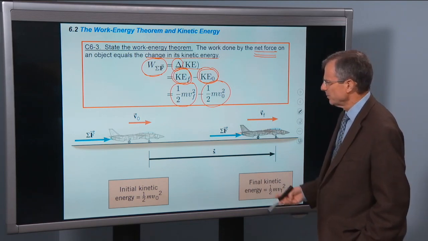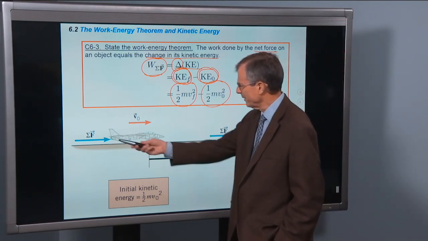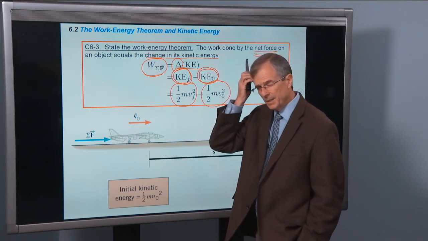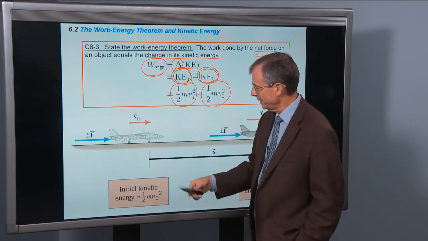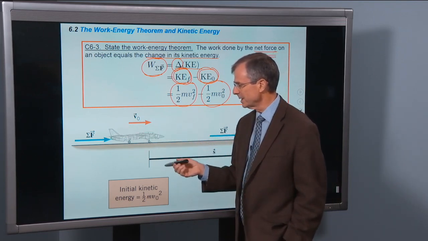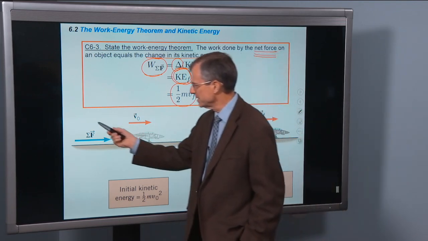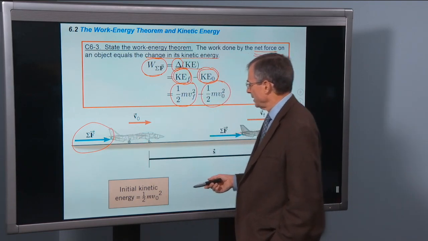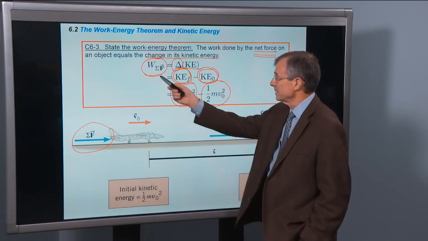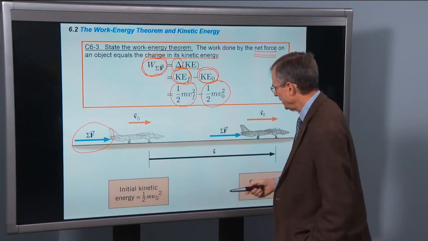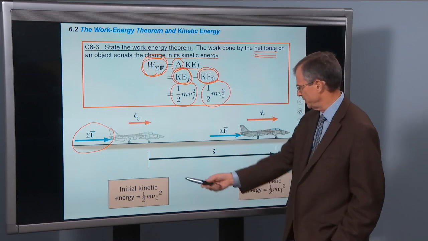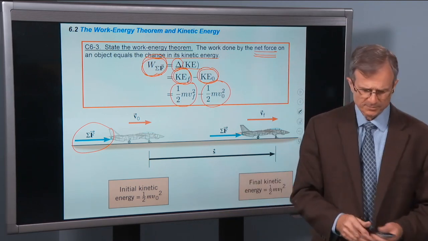So, for example, if we have a net force in this direction on that plane, and we got a normal force, we got gravity, we got some kind of pushing force on it. If this is the net force on that plane, then the work it does is going to be equal to the difference between the final kinetic energy and the initial kinetic energy.